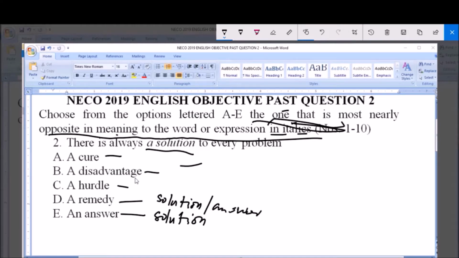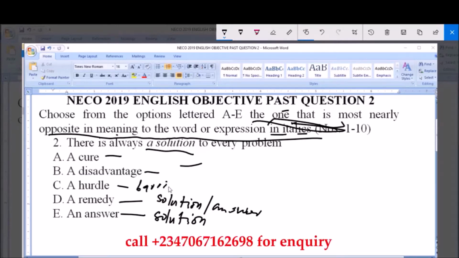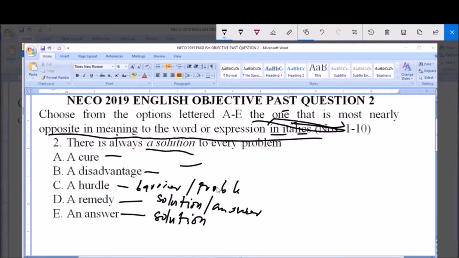So undo simply means barrier or problem. Then cure means solution.